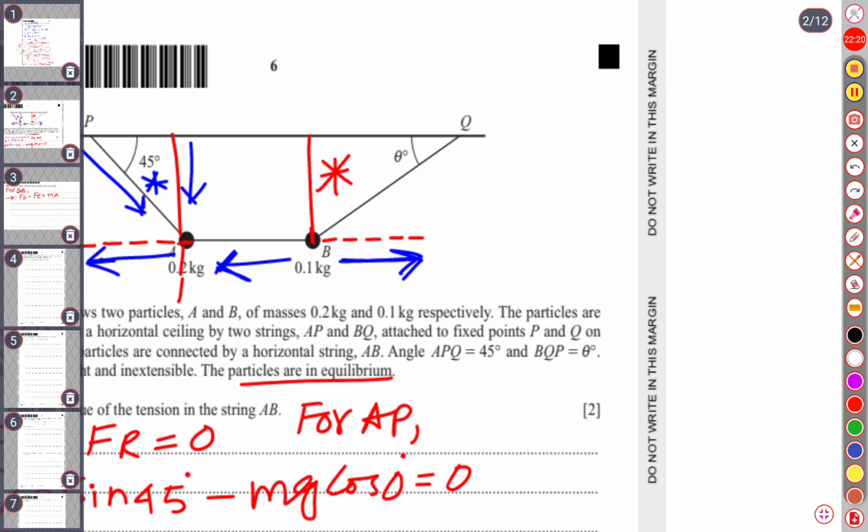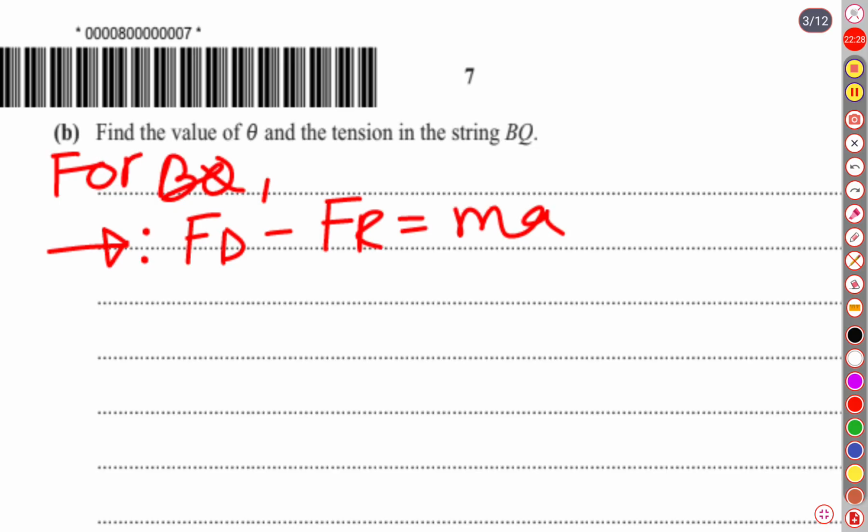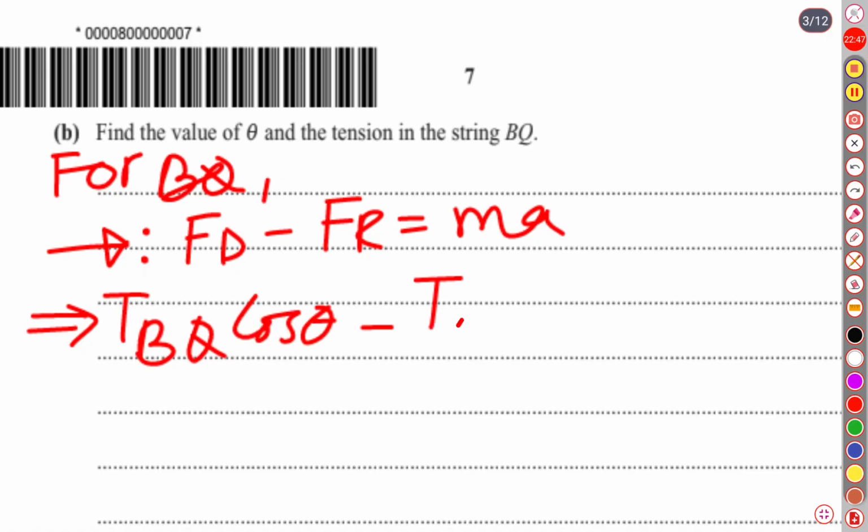So let us write that the driving force is tension in BQ cos theta for the horizontal axis, minus the resistance force, which is nothing but tension in AB as I have shown, equal to mass into acceleration, which is 0, because the system is still in the equilibrium state.